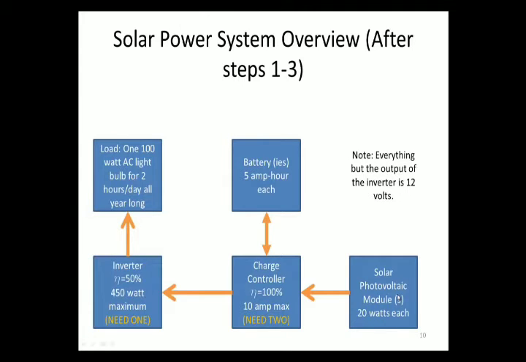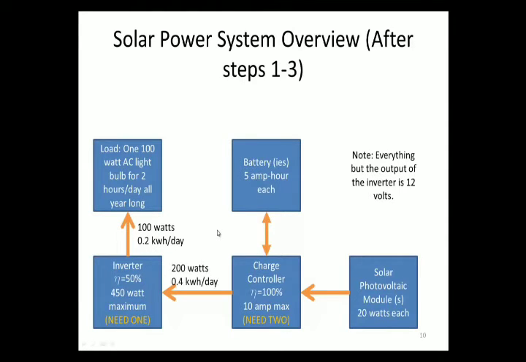Okay, so let's review a little bit what we've done so far. We found that we need 1 inverter and 2 charge controllers. We also found that going to the load is 100 watts when it's on, and so that's the power when the load is on, and the energy needed is 0.2 kilowatt hours per day.